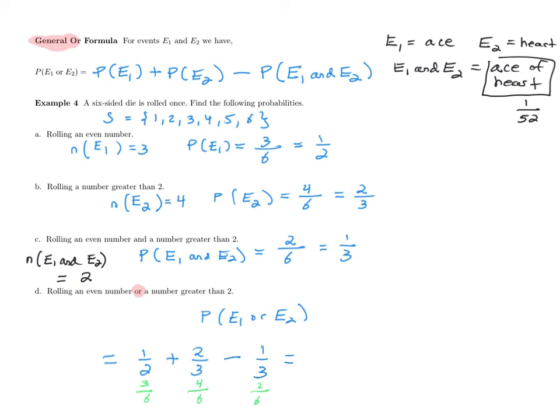This is really 3 over 6 plus 4 over 6 minus 2 over 6. Written this way, 3 plus 4 is 7 minus 2 is 5, with our common denominator of 6. This is the answer to rolling an even number or a number greater than 2.